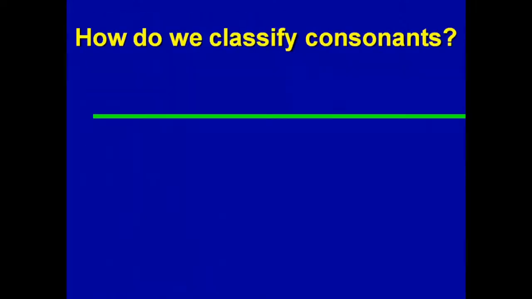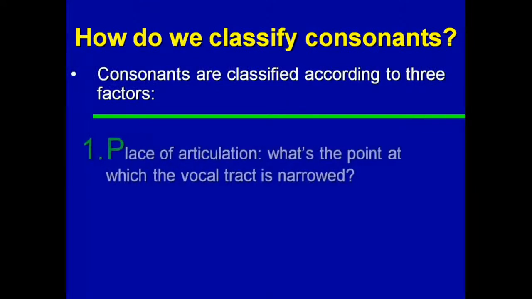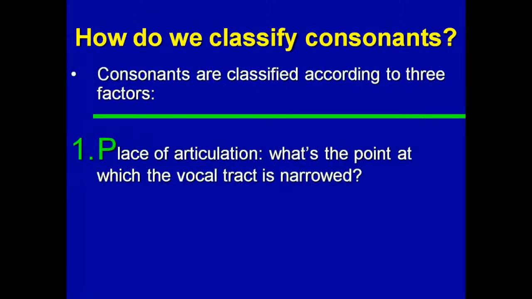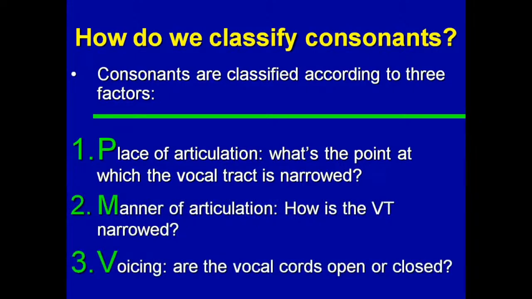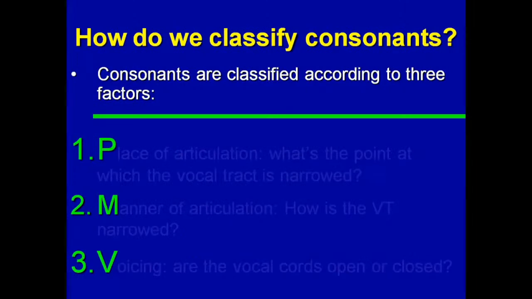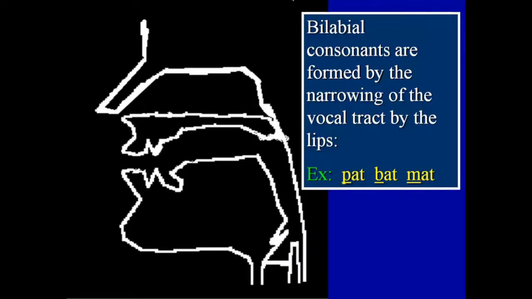So how do we classify consonants? Place of articulation, remember place, P; number two, manner; and three, voicing. So just remember P and V. This is a very short way to remember these three criteria: P and V, place, M manner, V voice.